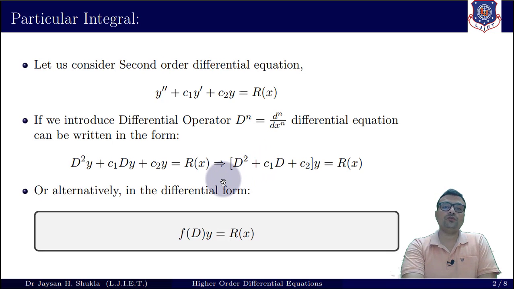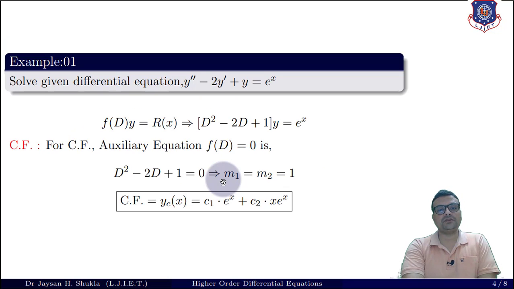And the rule for e raised to x is very simple. We are replacing this d by a. So here you will get 1 minus 2 plus 1, which will give you answer 0. And so we need to multiply by x and we need to take derivative. So it will give you 2d minus 2. Still, if you replace d by 1, it will give you answer 0.